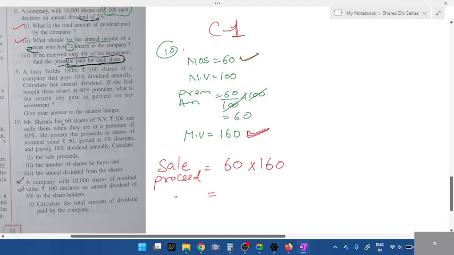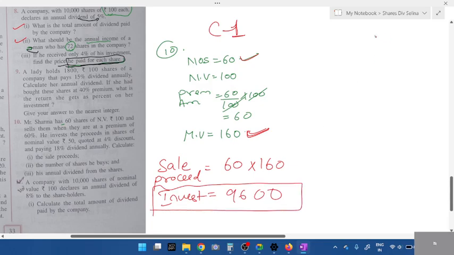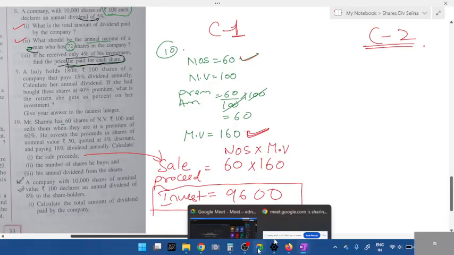So what is his total investment now? 9,600. He uses this for company 2. First go through the question. This is the answer, sale proceed. The formula is number of shares into market value.